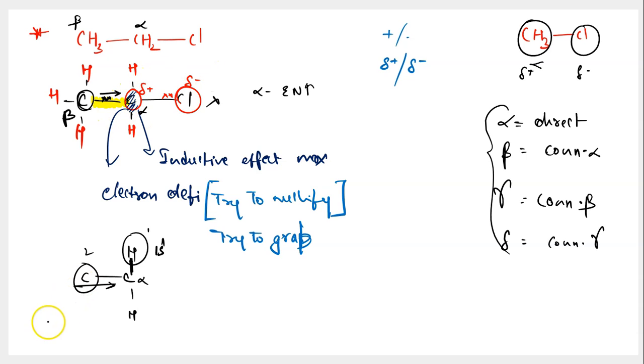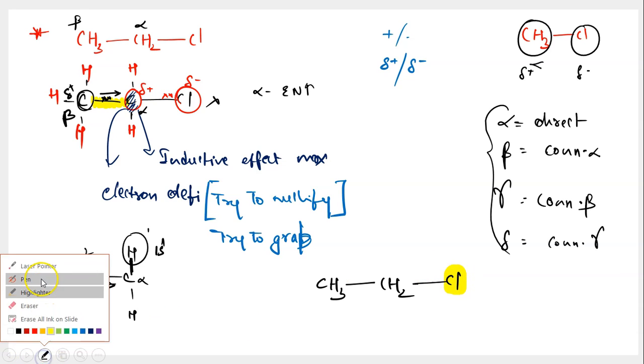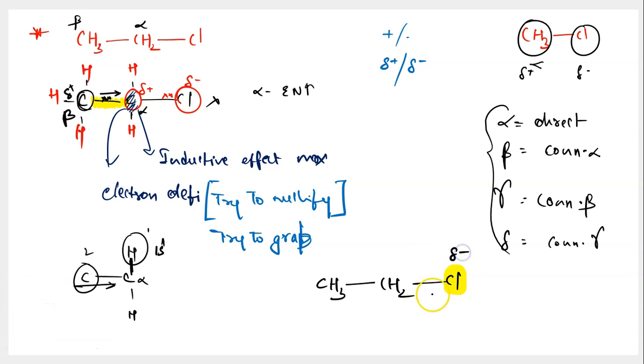And as a result of this, what happens is you get to see a little charge developed on this beta carbon also. So the conclusion is, if I'm talking about this molecule CH3 single bond CH2 single bond chlorine, chlorine is highly electronegative. As a result of this, it will be developing a delta negative charge because it absorbs or it will attract the bond pair of electrons more towards it.